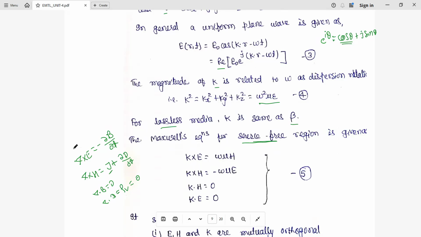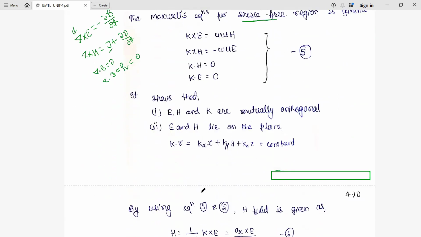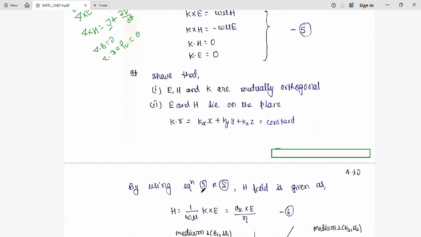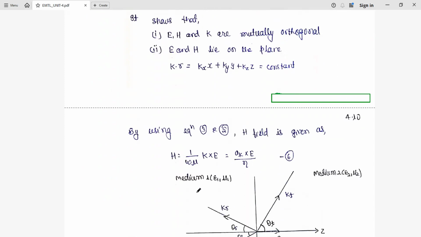Here wherever del is there, that del is replaced by K, and as per the condition we have equation number 5. From equation number 5 we can conclude that E, H, and K, all three are mutually orthogonal. So these three vectors are perpendicular to each other.